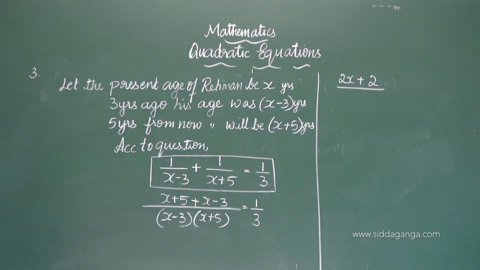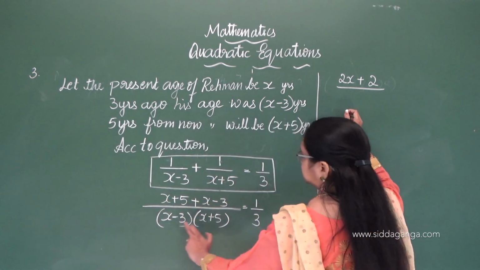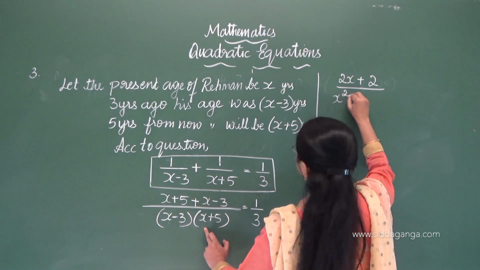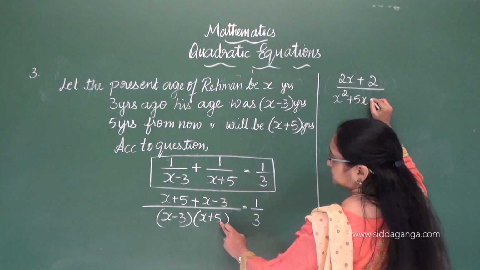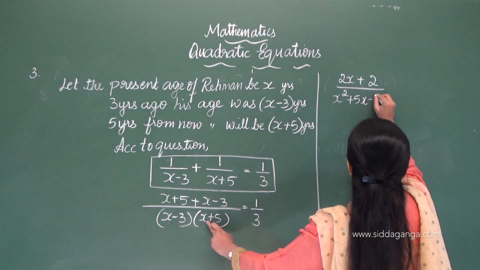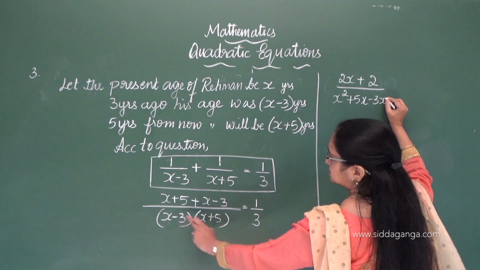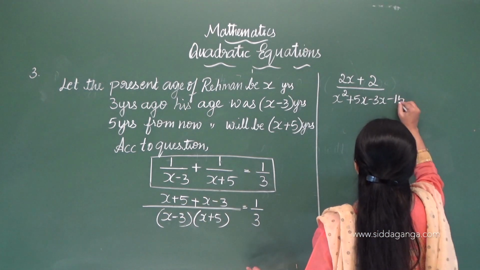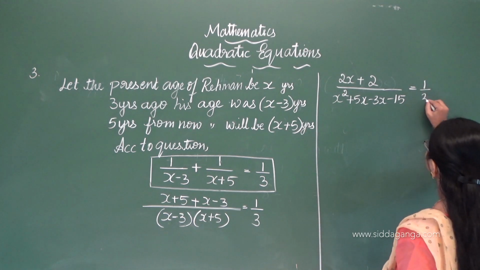So when you multiply this, x into x is x square, x into 5 is plus 5x, then minus 3x, then 5 3s are 15, plus into minus, minus 15, is equal to 1 by 3.